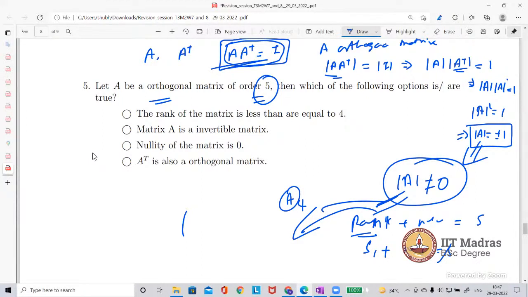Another thing you can conclude: the rows are orthonormal to each other, not orthogonal only. If you check, the rows or columns will be orthonormal to each other.